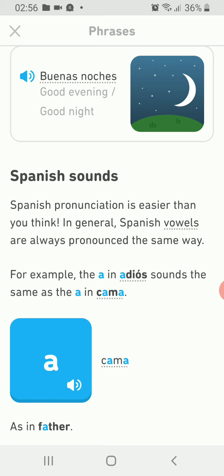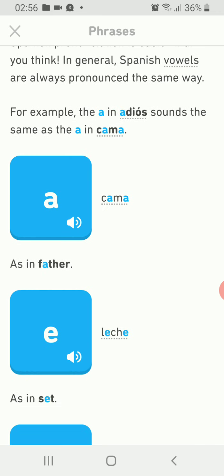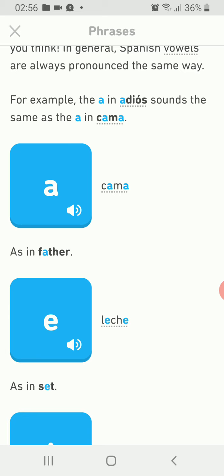Buenas tardes, it's in plural. Buenas noches, it's in plural. And adios, it's also in plural. So you're saying bye. I don't know why, but greetings, or farewells for that matter, are always in plural in Spanish. Interesting, isn't it?